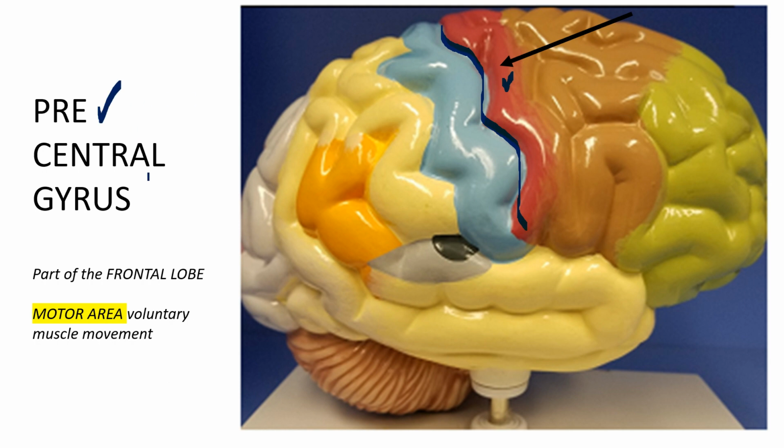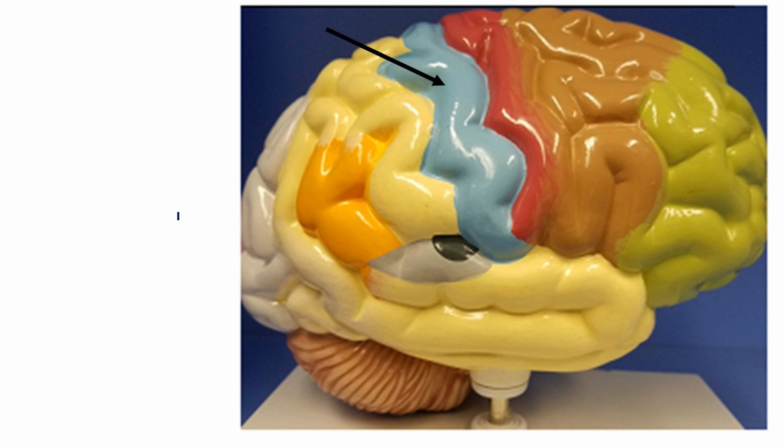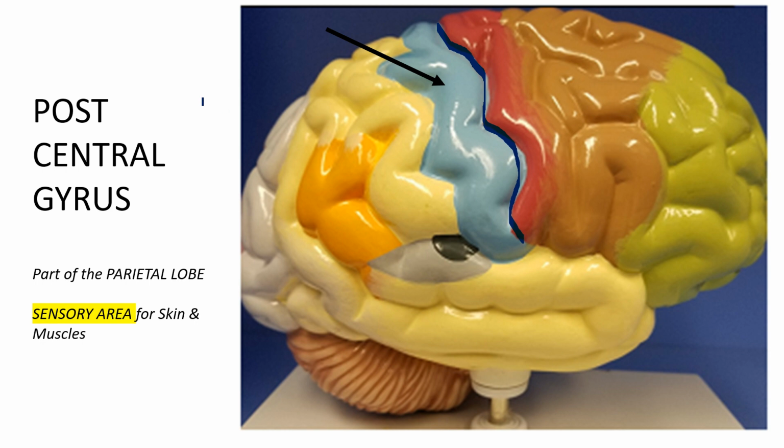This is involved in motor control, so allowing you to move. Now, the blue elevated fold behind the central sulcus, here's that central sulcus right here, is the postcentral gyrus, and it's involved in somatosensory function.